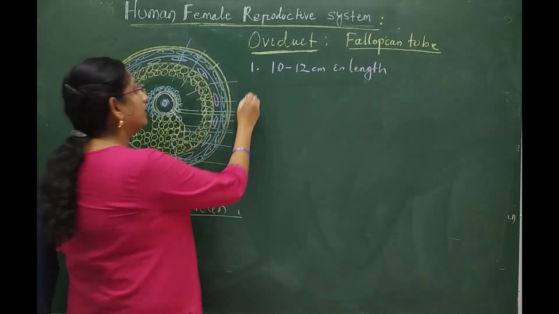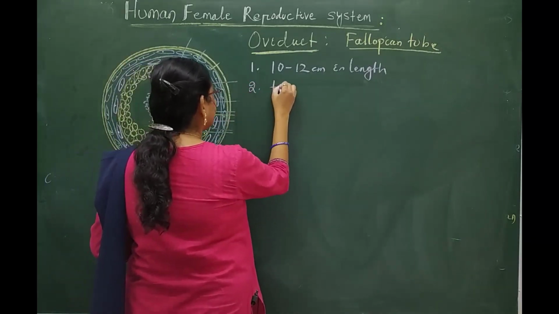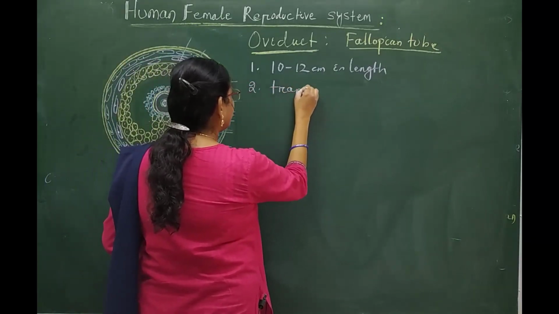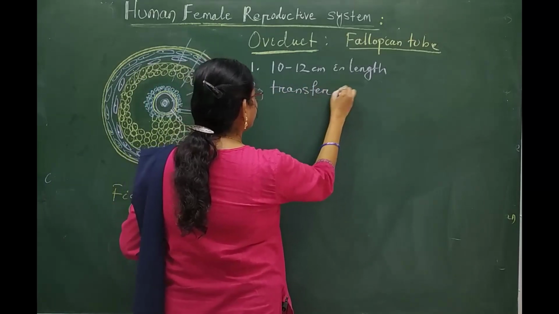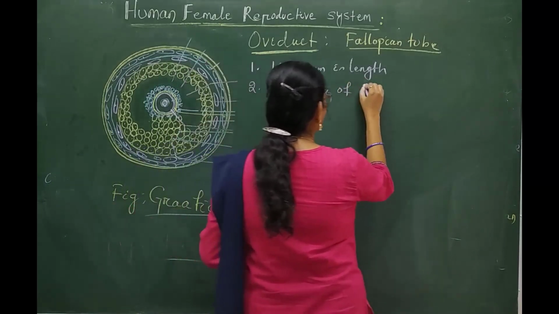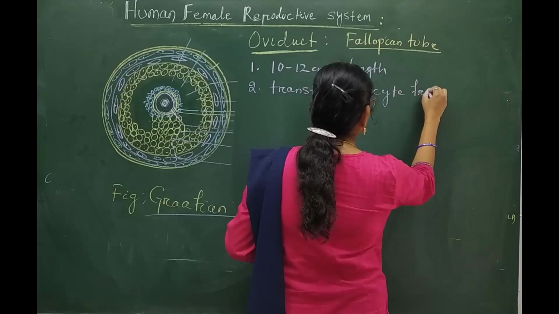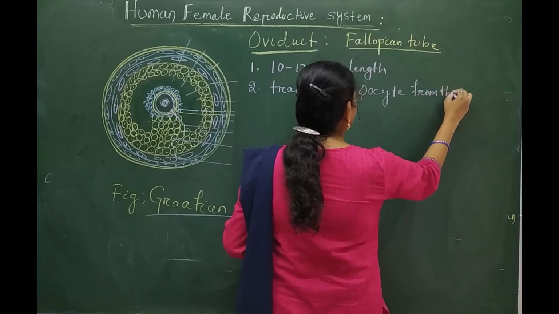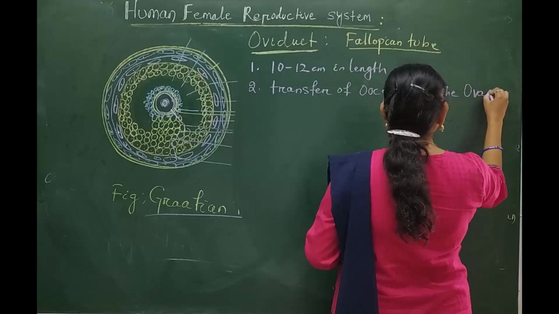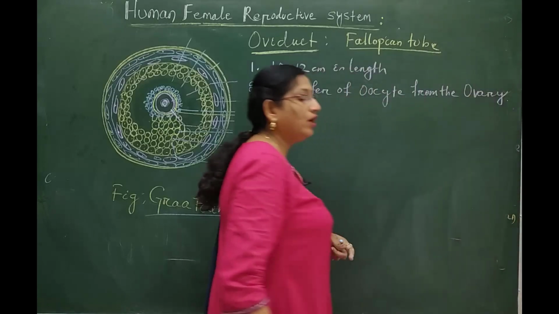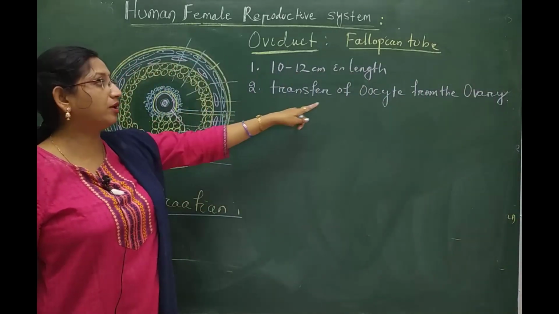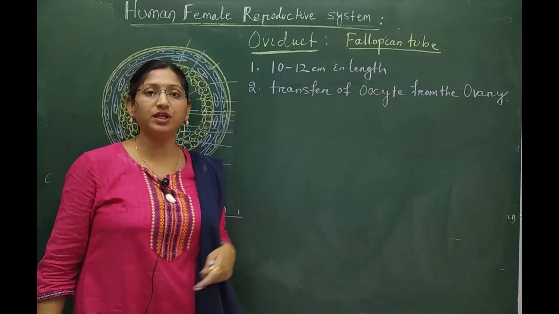This tube is used to help in the transfer of the oocyte from the ovary.